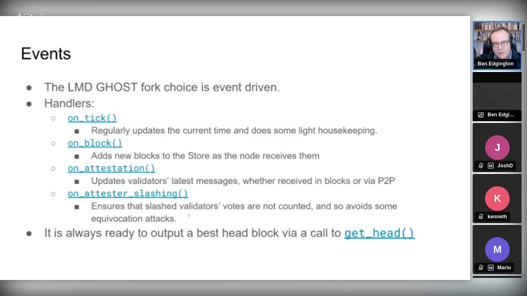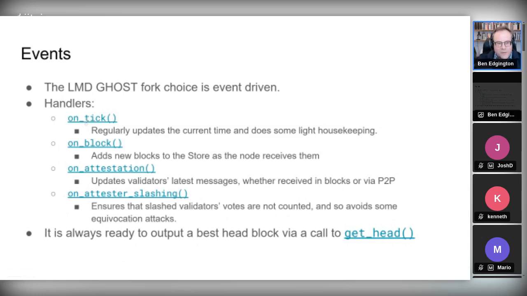And so we need to know if they've been slashed and discount their votes. It avoids some attacks where validators can equivocate, contradict themselves and make multiple votes. And there's some latency in the slashing, so that deals with that.